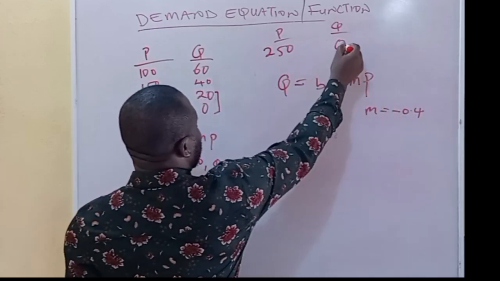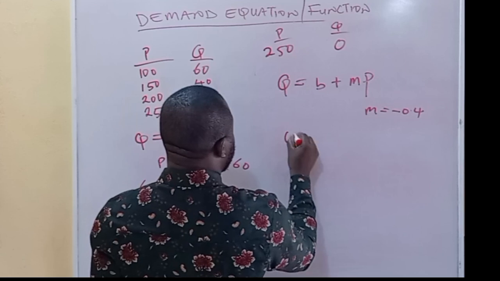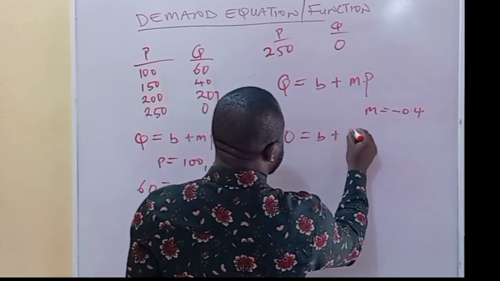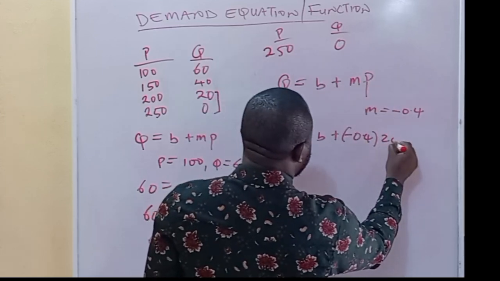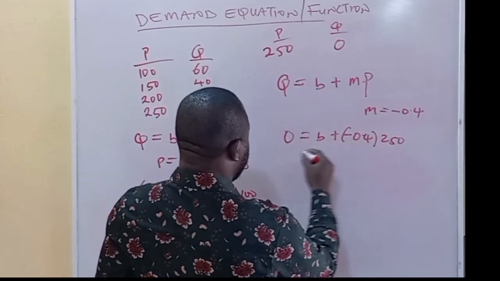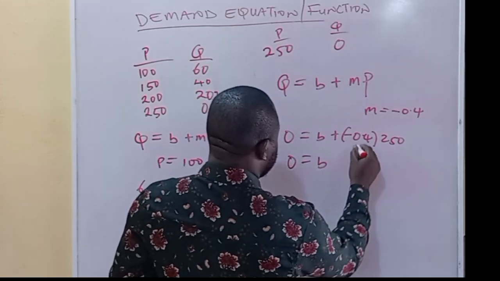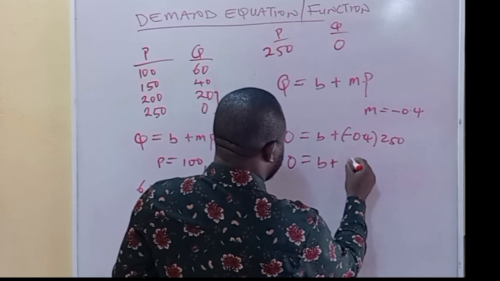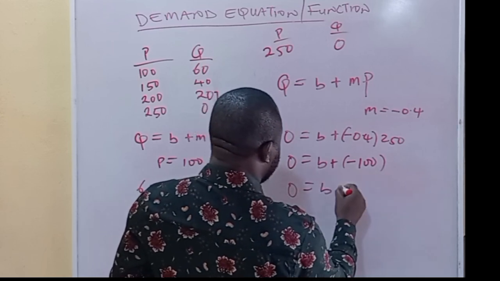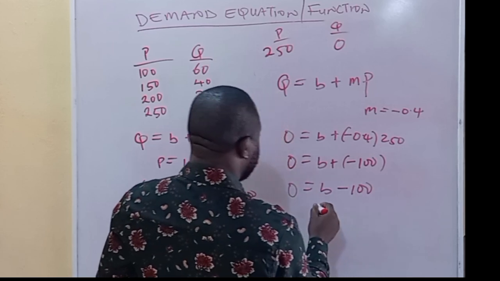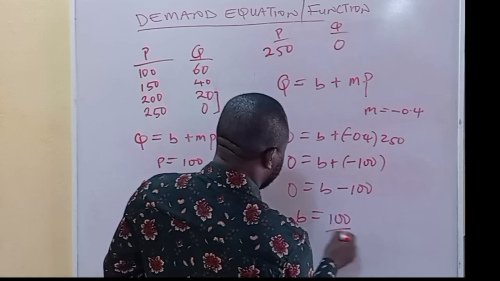Now Q is 0 and P is 250. So 0 equals B plus minus 0.4 multiplied by 250, that is plus minus 100. So 0 equals B minus 100, and moving 100 to this side, B equals 100.